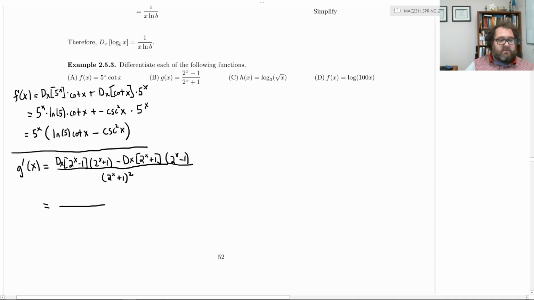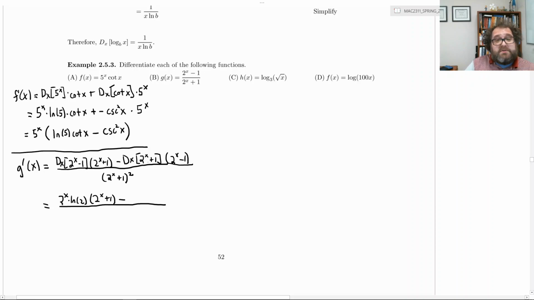Let's see what we can do here. What's the derivative of 2 to the x minus 1? You have the difference of 2 functions, but according to the sum difference rule, we can take their derivatives individually. So what's the derivative of 2 to the x? Well, it's 2 to the x times natural log 2, times the 2 to the x plus 1 that was already there, minus, what's the derivative of 2 to the x plus 1?